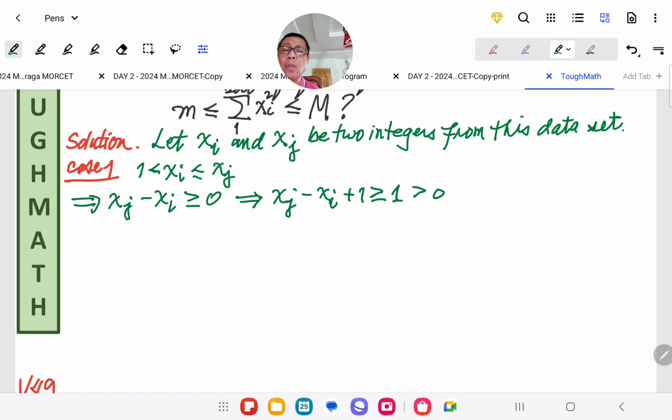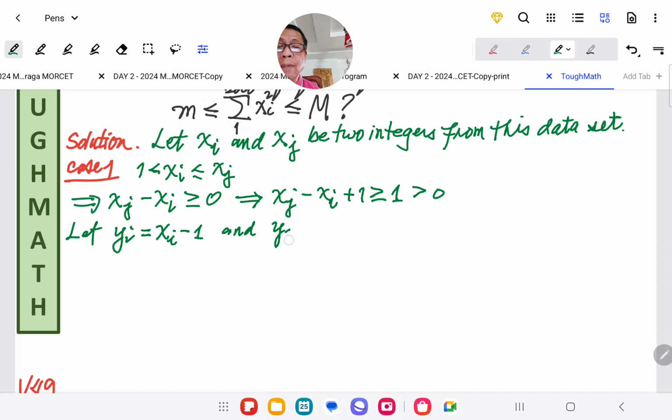Now, suppose we change these values, not really the sum, but we change these values in such a way that we subtract 1 from the smaller value and add the same number to the larger value. So we let y sub i, the new value, be equal to x sub i, the smaller value, minus 1.